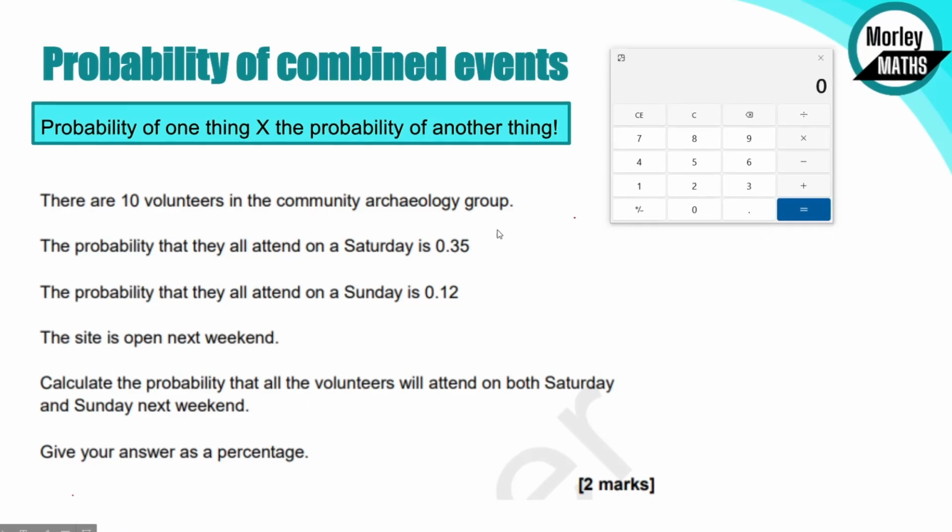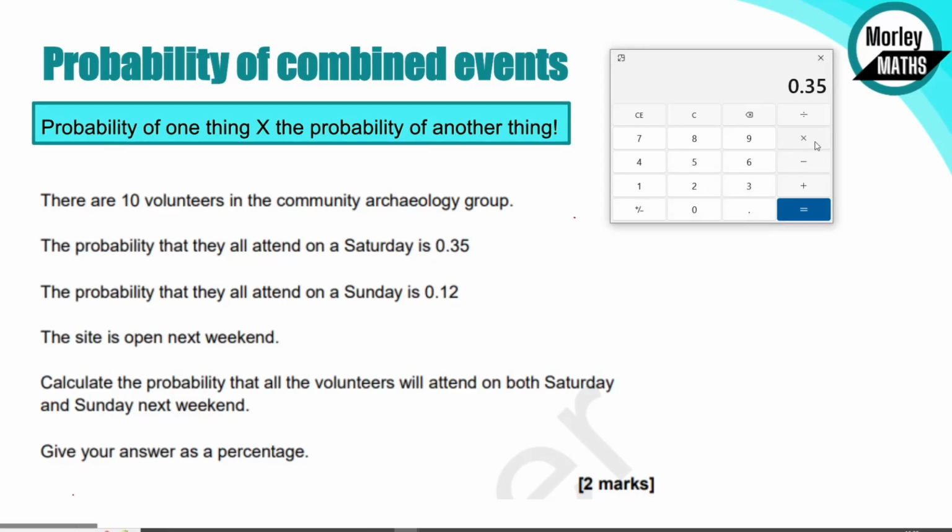So for this one, essentially what we're looking at, whether it's combined events, like I've already said, it's probability of one thing multiplied by the probability of another. So we've got these two separate probabilities. We've got the probability of this one happening, the probability of that one happening. What's the probability that both happen? So when we're dealing with decimals, as we do get quite often in NCFE, they like to word their questions with decimals.